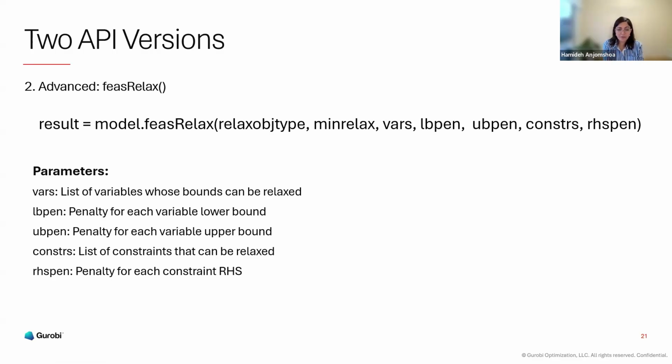You want to relax only some of the variables, the ones you're comfortable playing with their bounds. Or sometimes you want to penalize the upper or lower bounds on each variable. And you also want to control which constraints you want to relax. You don't want to relax everything.